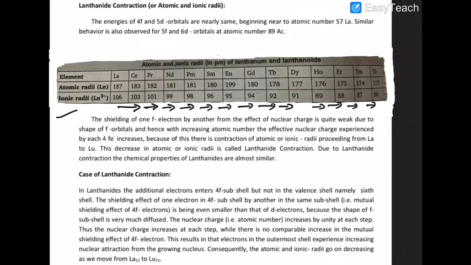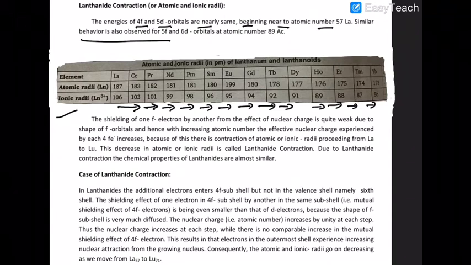Of the lanthanoids, since the energy of 4f and 5d orbitals are very nearly the same, so the behavior is also observed in the case of 5f and 6d also.